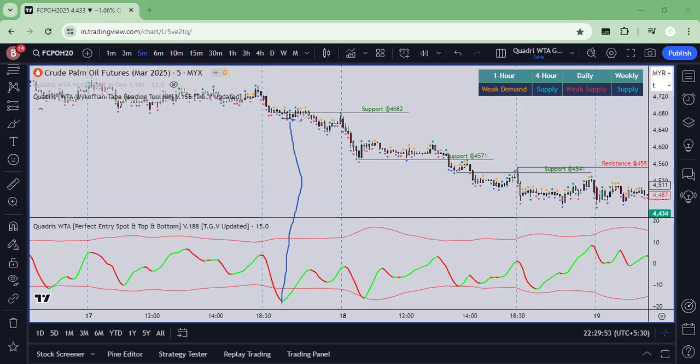If I draw a straight line, yes, you got a selling trade opportunity at this particular point. Breakdown test, you can sell it here, stop loss here, and trail your stop loss accordingly.